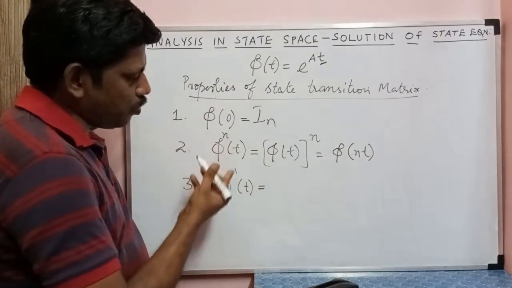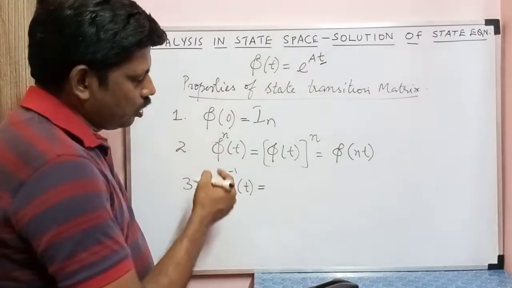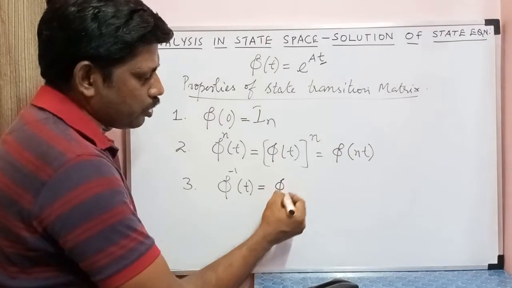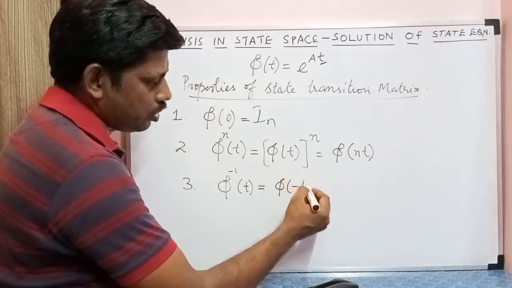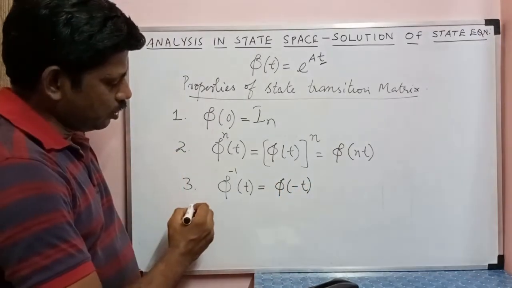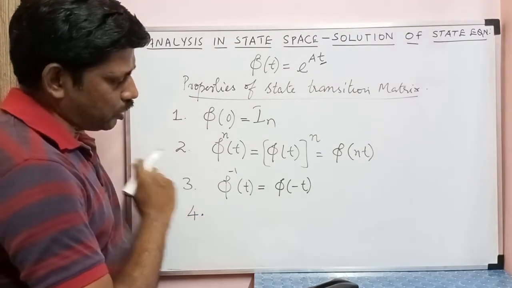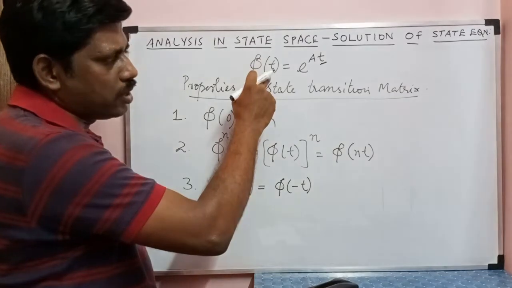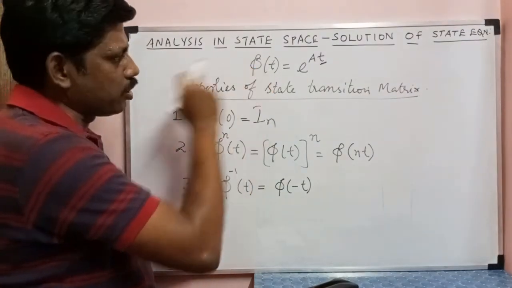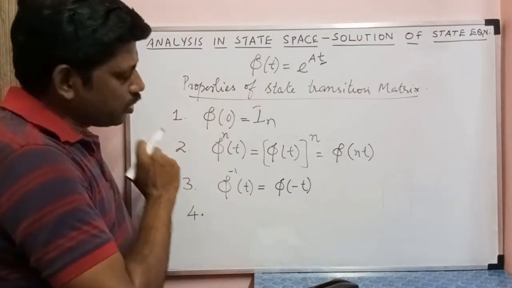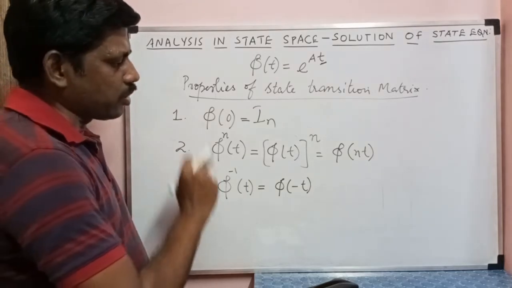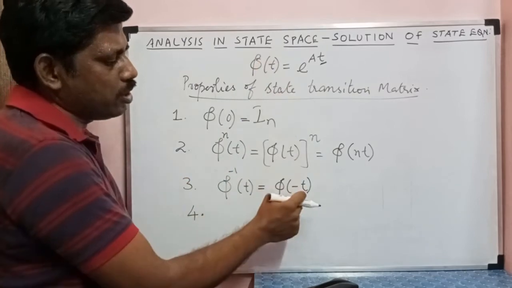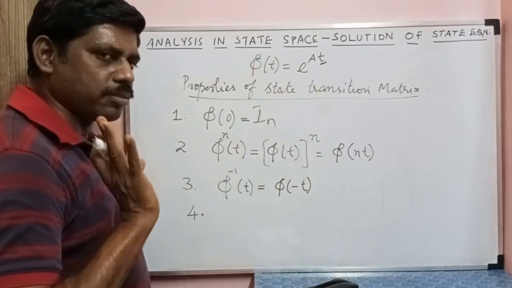Here it is the same, I can even deduce it from this. Here n is equal to minus 1, therefore obviously if I put it, it is going to be minus t. This leads to another property. See, if I have phi of t, that is the state transition matrix, to get the inverse of the state transition matrix, what I need to do is just replace this t by minus t. That's it.